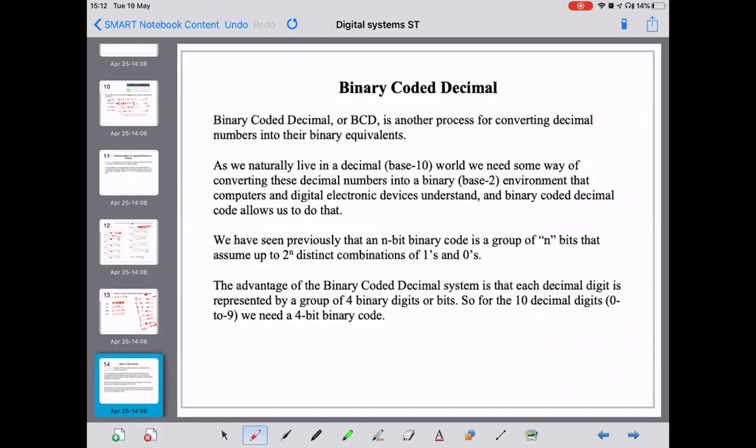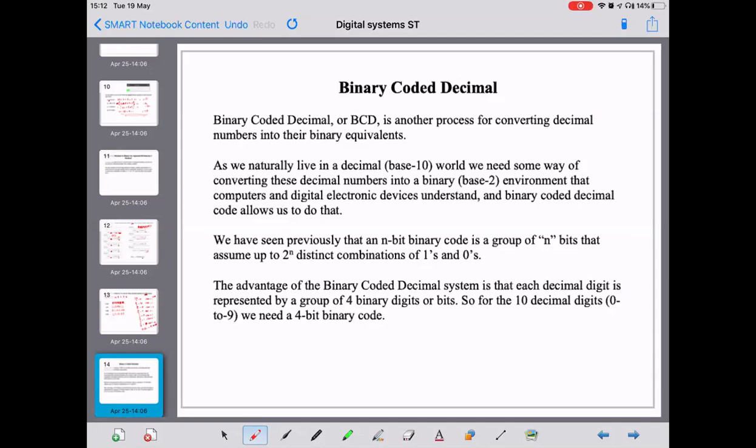We naturally live in a decimal base 10 world, so most of the numbers we deal with are in base 10. Computers will store all numbers as binary numbers. If we displayed them to the general public as a load of ones and zeros, they wouldn't be able to work that out because they're used to base 10. So binary coded decimal helps us to turn the displays, 7-segment displays, to display numbers.